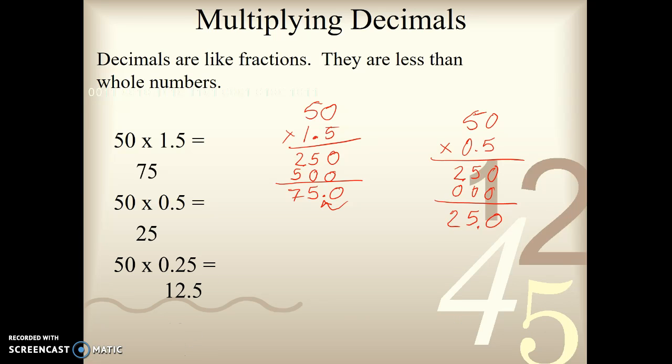Look at that, I already gave you the answer on this next one. All right, 50 times 25 hundredths. You've already got the answer in front of you, but let's go ahead and run through the algorithm. 5 times 0 is 0. 5 times 5 is 25. 2 times 0 is 0. 2 times 5 is 10.